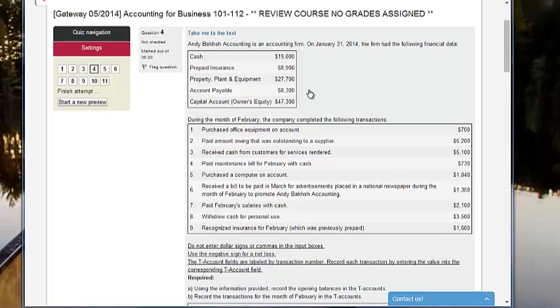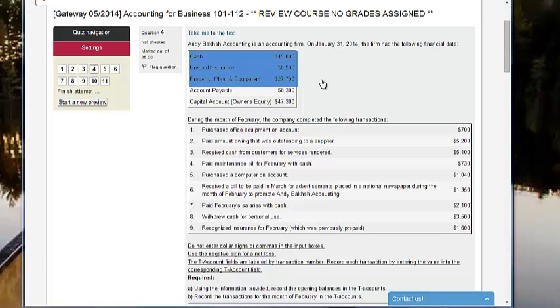So we're given the beginning balances of the accounts. And our first step, A, is to record the opening balances in the T accounts. These are the opening balances. Note, we have assets: cash, prepaid insurance, and property, plant, and equipment.